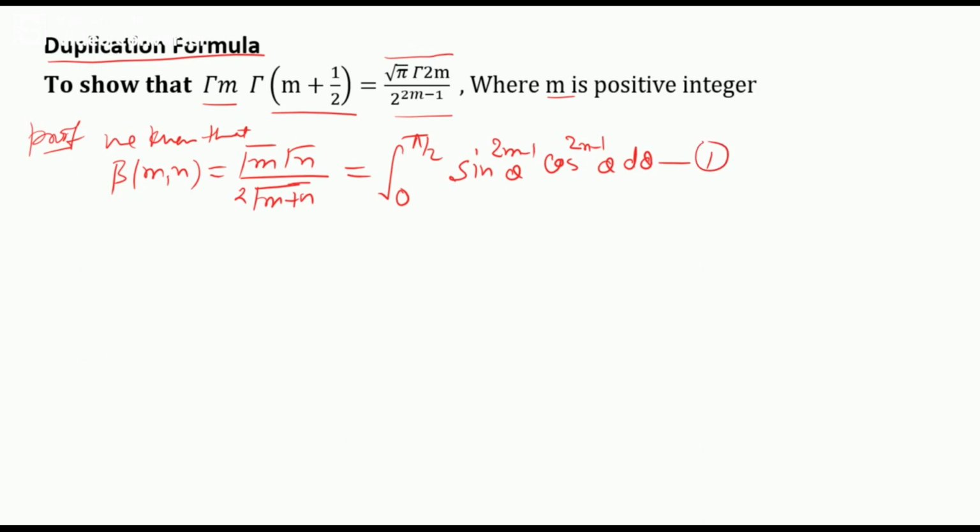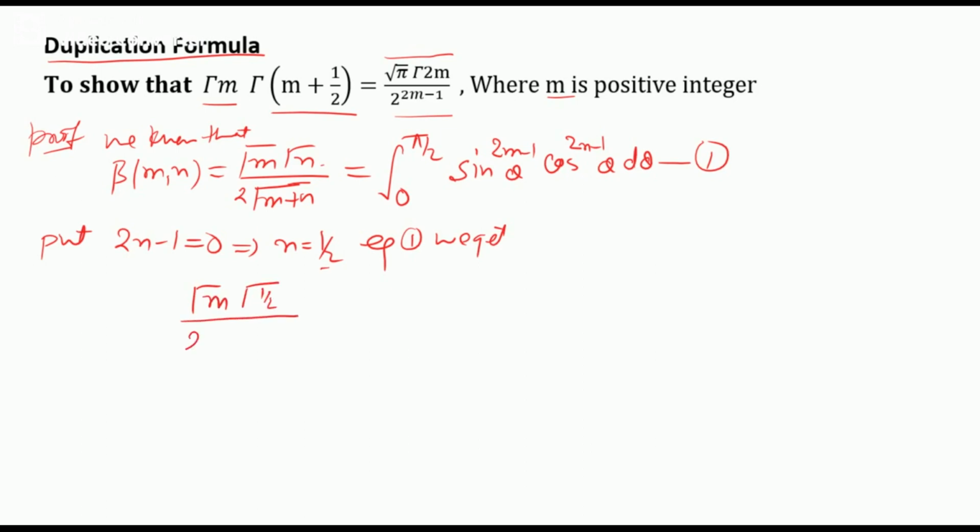Now if we put in equation 1, 2n minus 1 equal to 0, that implies n is equal to 1 by 2. So by equation 1, in the place of n we put 1 by 2. So we write gamma m gamma 1 by 2 upon 2 times gamma (m plus 1 by 2).